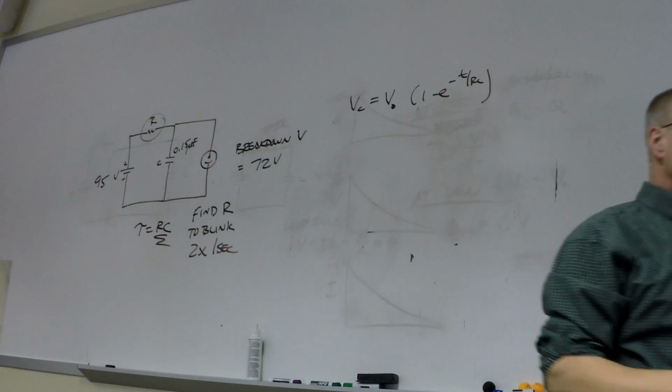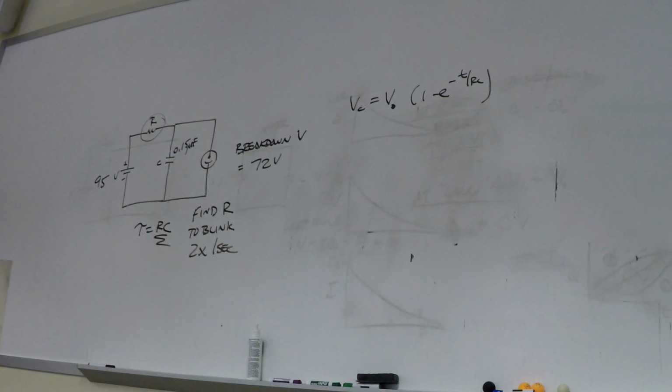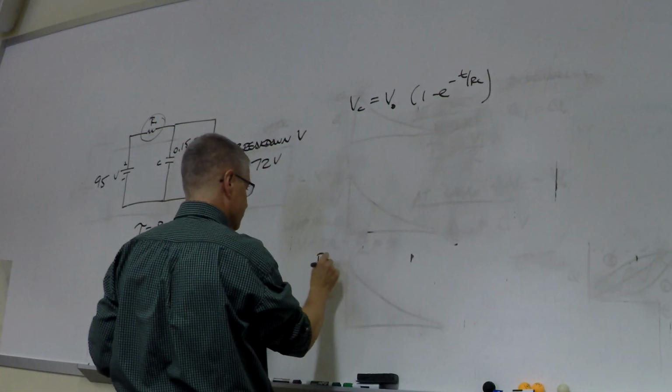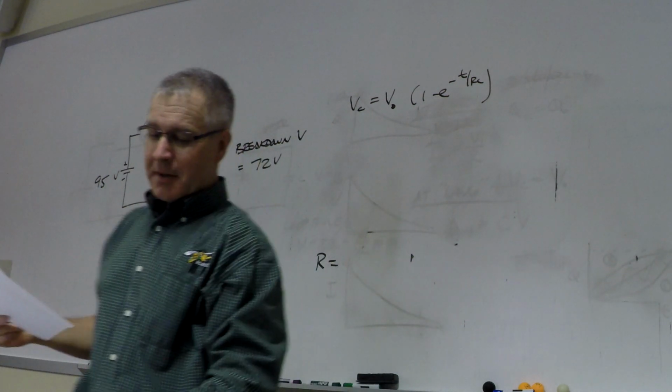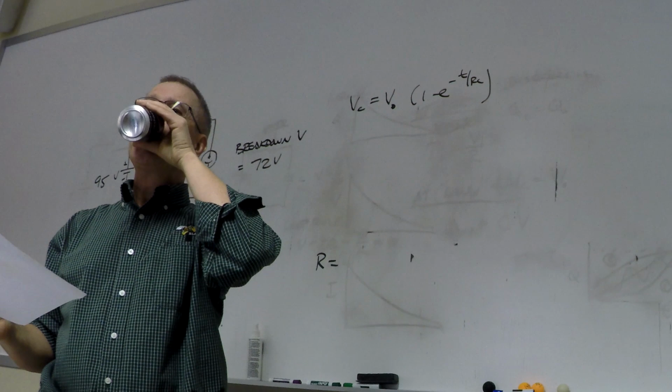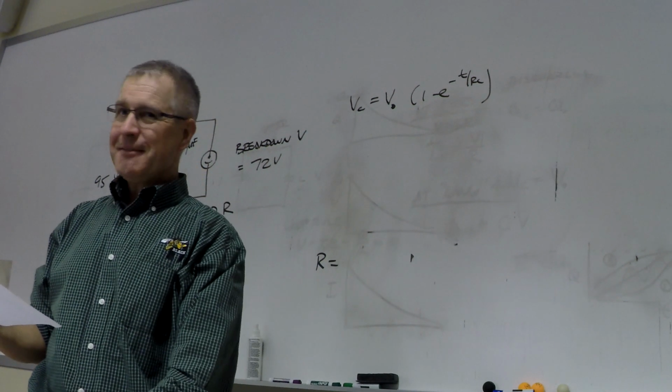So what are we trying to find out of all that? Which one of those things in that equation? R. How are your algebra skills? To turn that into R on one side of the equal sign, everything else on the other. It's not that bad.